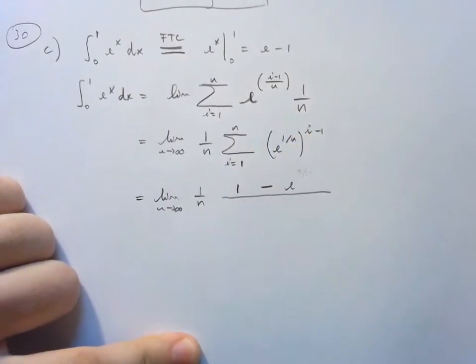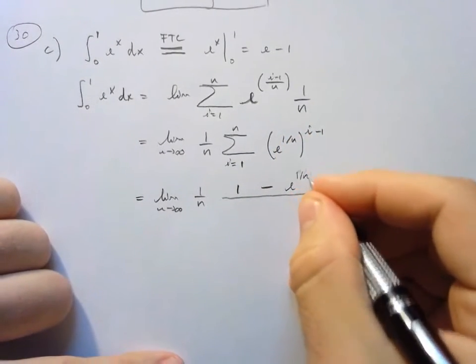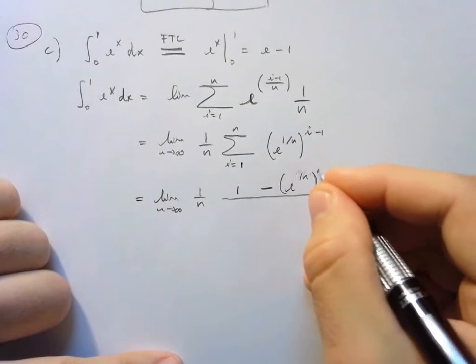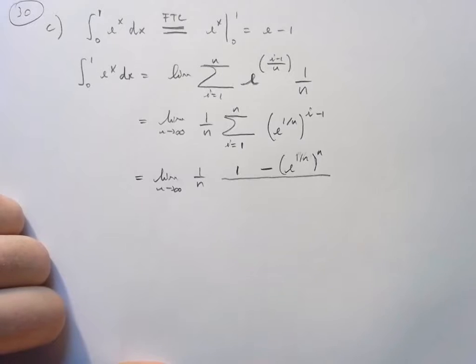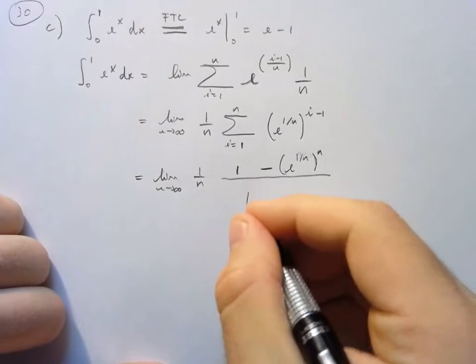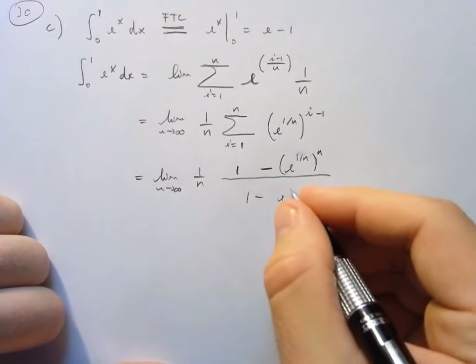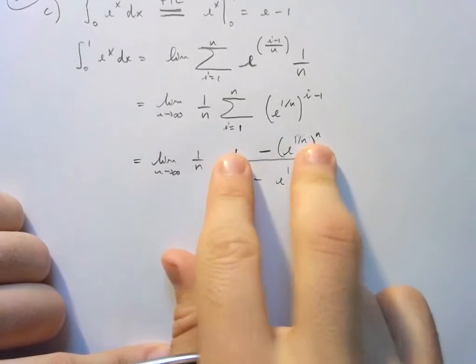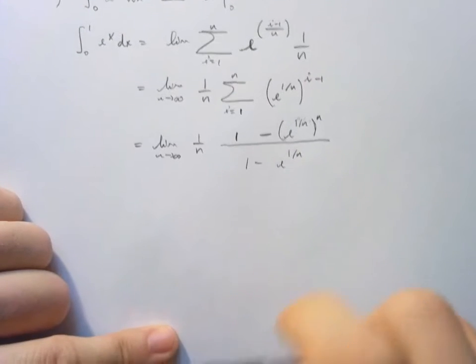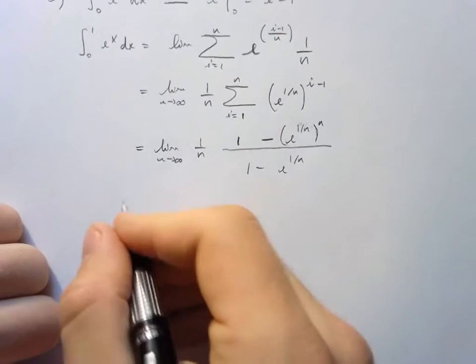Let me write it as e to the 1 over n, to the power n, which ends up being just e, divided by 1 minus the ratio, so 1 minus e to the 1 over n. This is the closed form for this sum, using just the geometric sum.